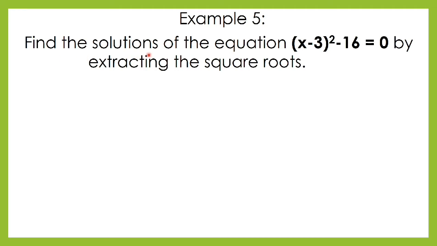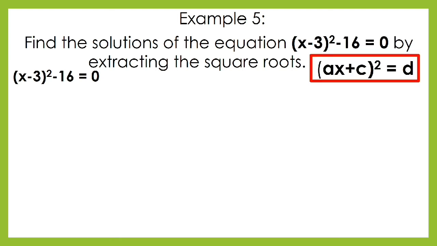Find the solutions of the equation square of x minus 3 minus 16 equals 0 by extracting the square roots. This is our given equation. We will transform it first into the form of square of ax plus c equals d.